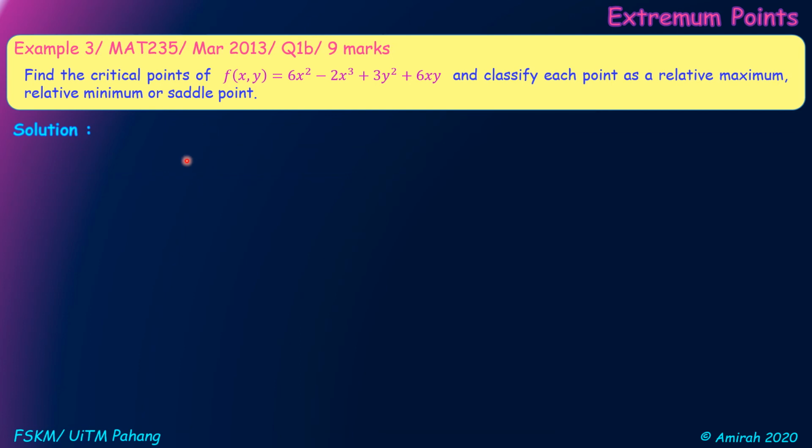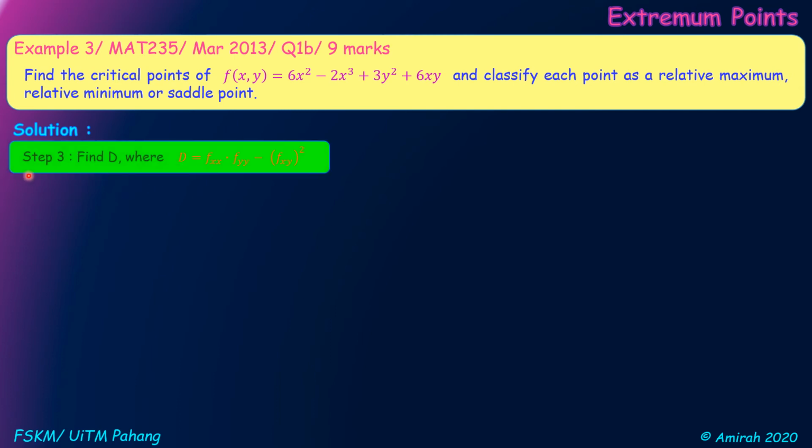Alright, after we find all the critical points in step 2, then we can continue with step 3. Find D, where D equals to fxx times fyy minus fxy bracket squared. From the previous slide, we get fxx equals to 12 minus 12x and fyy equals to 6. Okay?